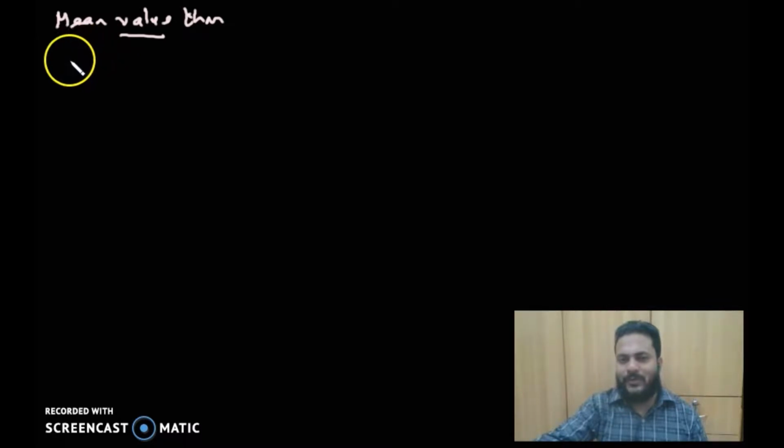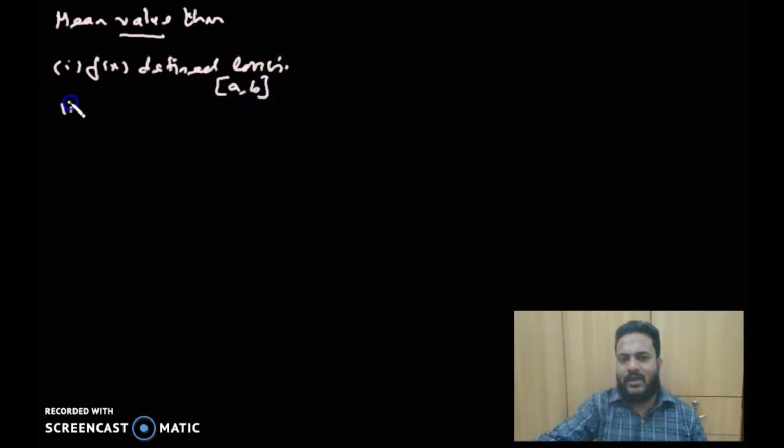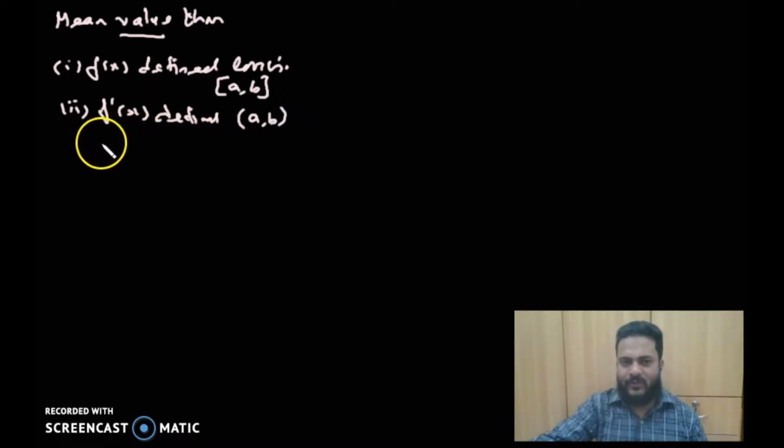In this mean value theorem, we have to check three conditions. Number one, f of x should be defined and continuous on a closed interval a comma b, and the derivative f dash of x also should be defined on the open interval a comma b. The third condition of Rolle's theorem, that f of a is equal to f of b, is not needed.